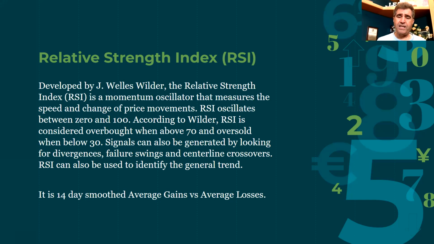With RSI, the relative strength is against itself, or compared to itself. In this situation, all we do, again based on Welles Wilder, is look at the past 14 bars, 14 days, 14 weeks, and then look at what the average gains were during that time and what the average losses were, and we just smooth it out.